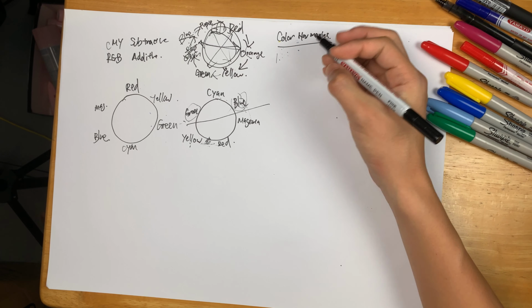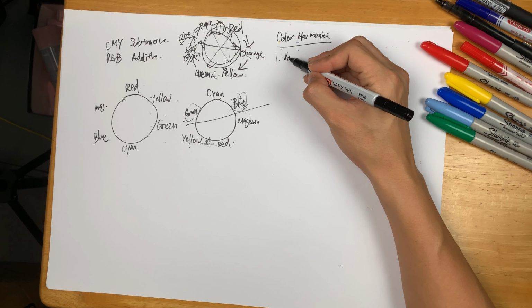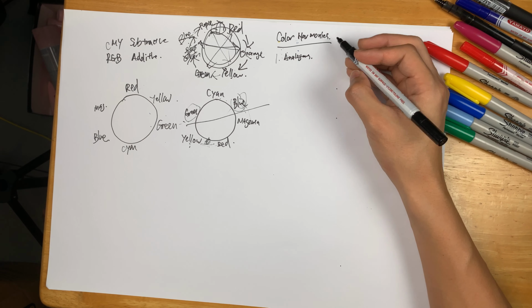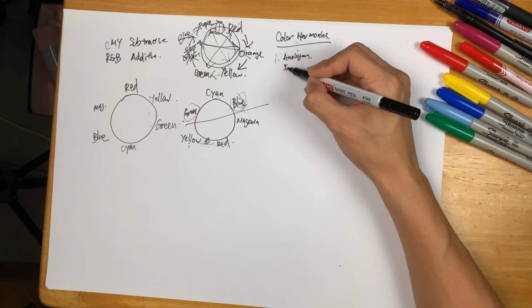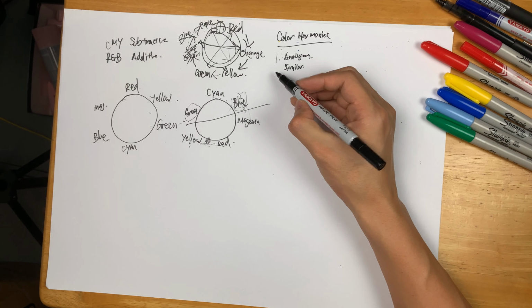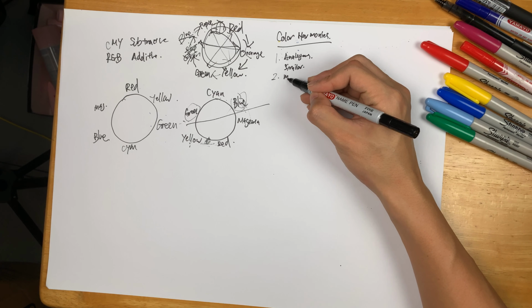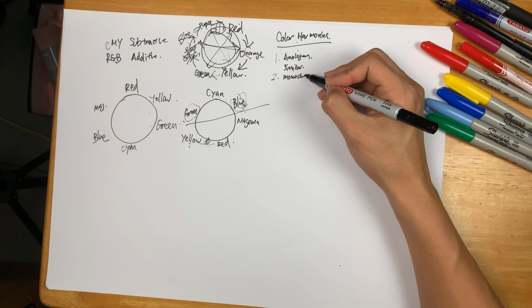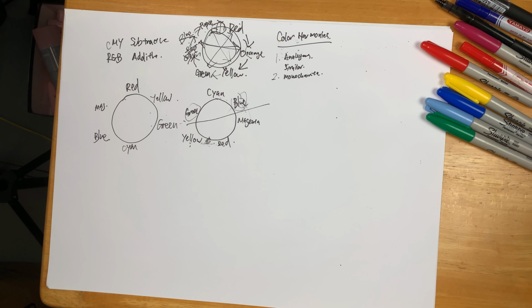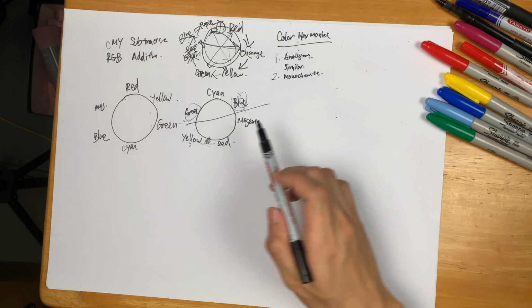Now the most common one is analogous. Analogous means similar color. Also very similar to analogous is monochromatic. The difference is that, let's say monochromatic magenta, I use only magenta.